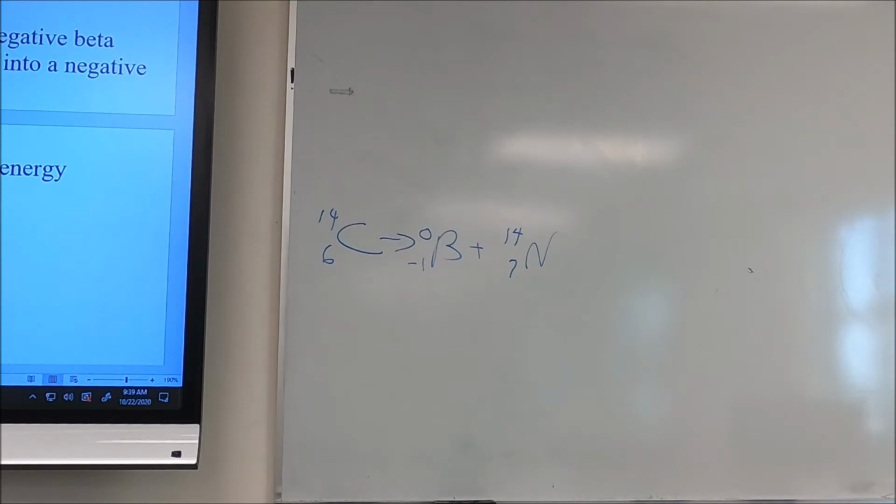If you've heard of carbon-14 dating, the amount of carbon-14 in living things remains constant over the course of their lifetime, because carbon-14 is being continuously made in the upper atmosphere because of radiation coming in from outer space. So as you consume plant matter or you take in carbon, your carbon-14 levels are going to stay the same if you're a plant or an animal.